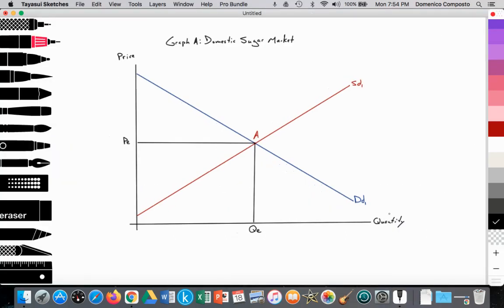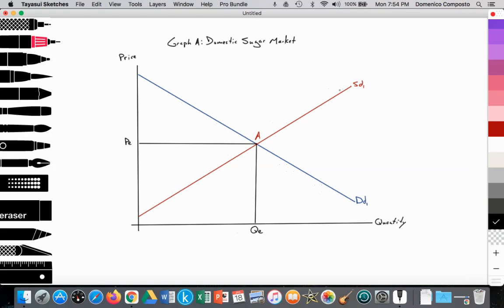So here we have our domestic sugar market, in the United States. As we've seen before, we have quantity measured on the x-axis and price measured on the y-axis. We have an upward sloping supply in the domestic economy labeled SD1, and a downward sloping demand labeled DD1. The intersection provides the closed economy equilibrium price at PE and equilibrium quantity at QE.